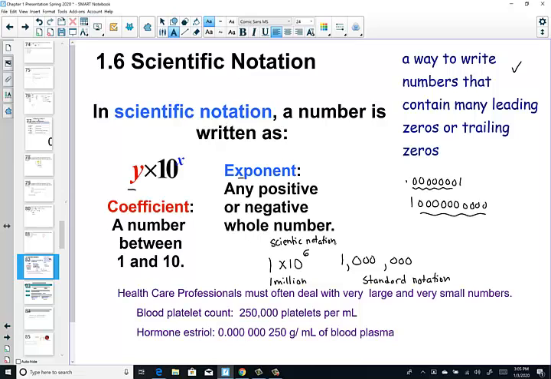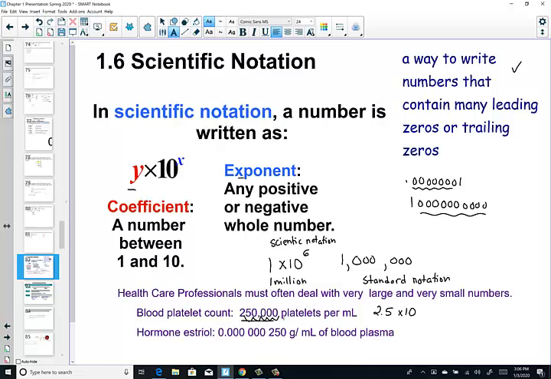Healthcare professionals must often deal with very large or very small numbers. For example, blood platelet counts can be 250,000 platelets per mil. Instead of writing all of these zeros out, 1, 2, 3, 4, 5 positions, we will learn that we can write this out by placing one non-zero digit prior to the decimal and then just simply telling you how many zeros come after.